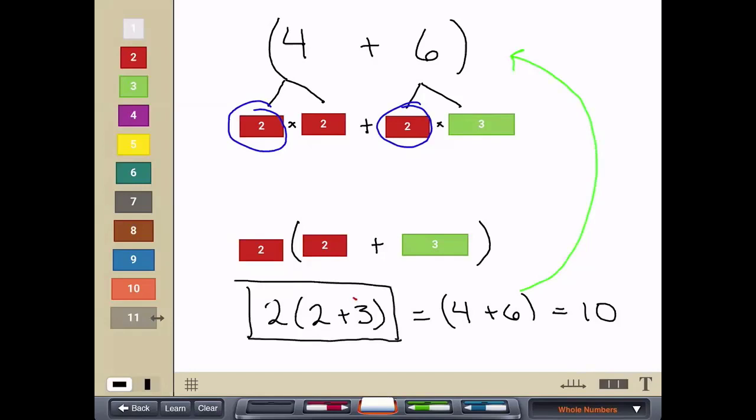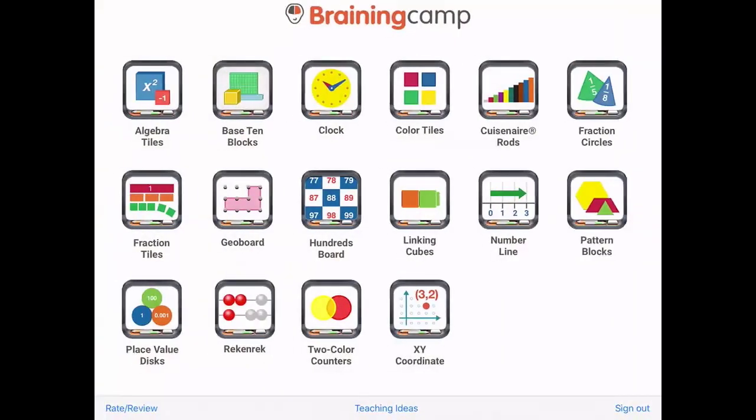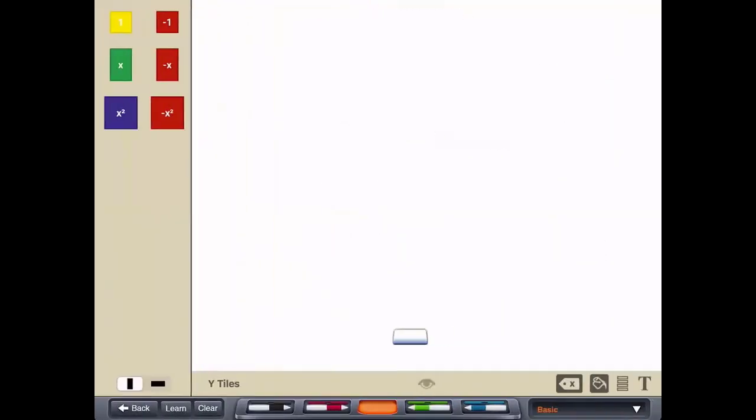Okay, well, let's take a look here using some algebra tiles more in a polynomial sense instead of just an expression. Let's say, for example, we have an expression of, say, 2x plus 4.